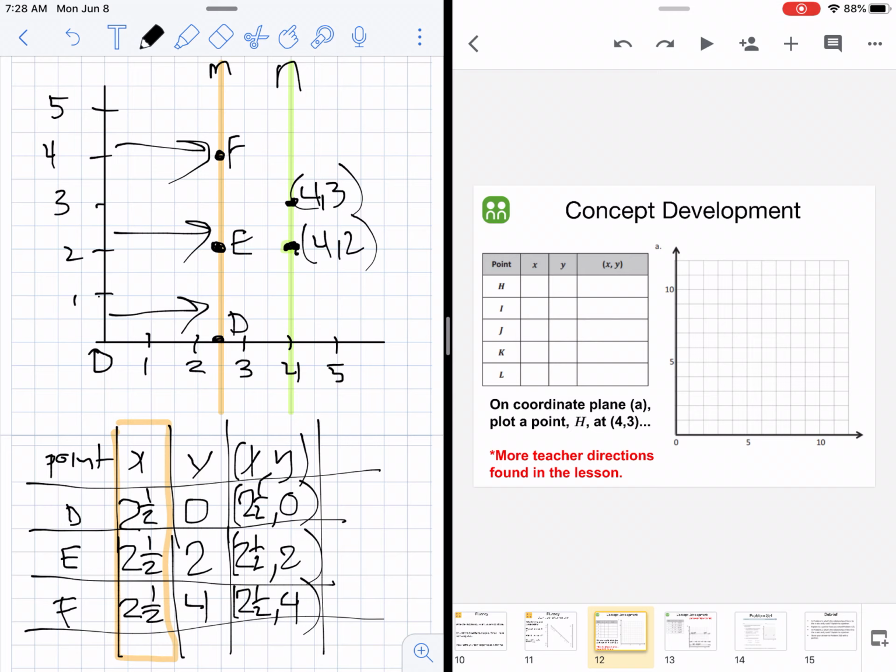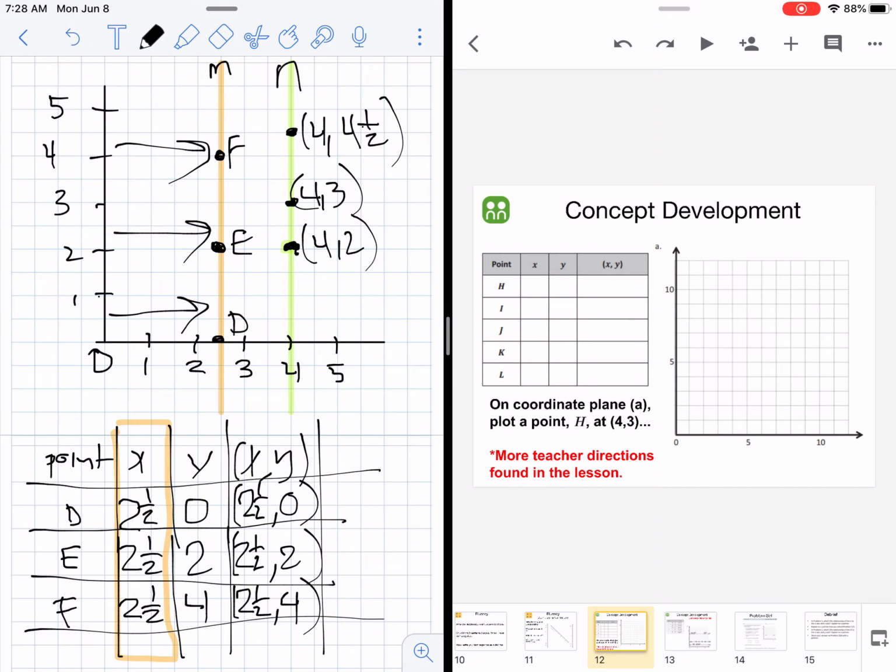And 4, 4 1/2. Remember that the x-coordinate did not change because we are plotting on a vertical line.